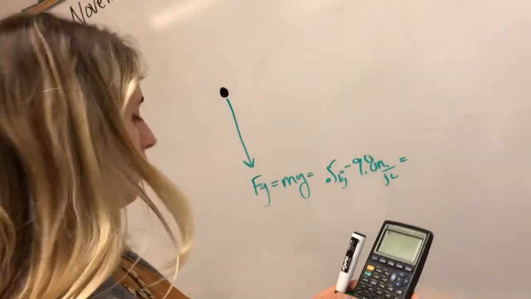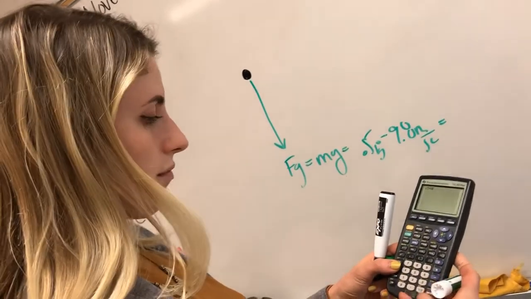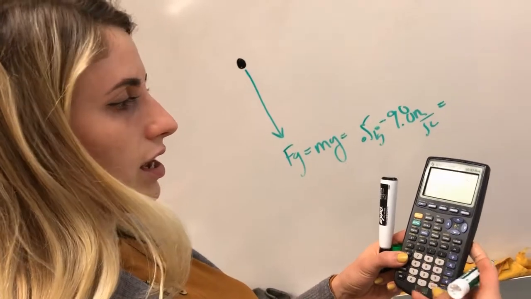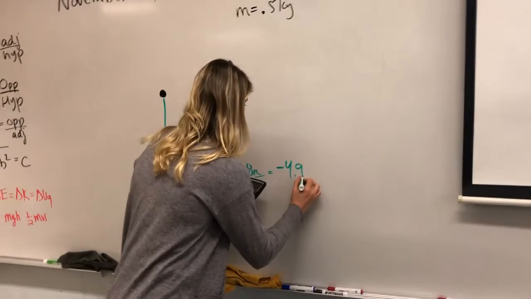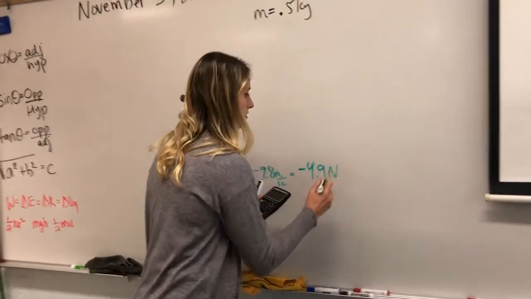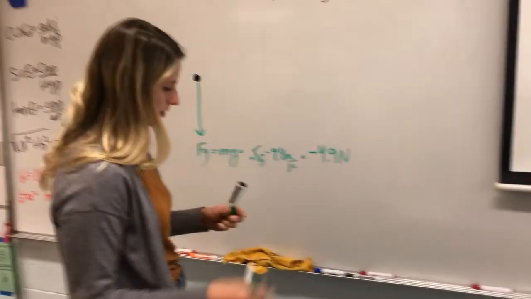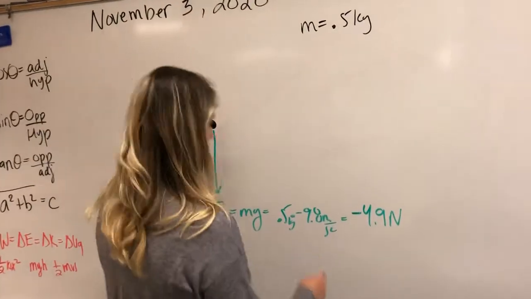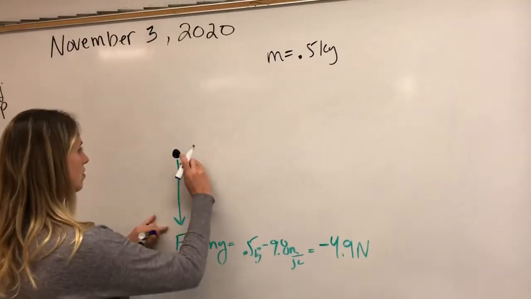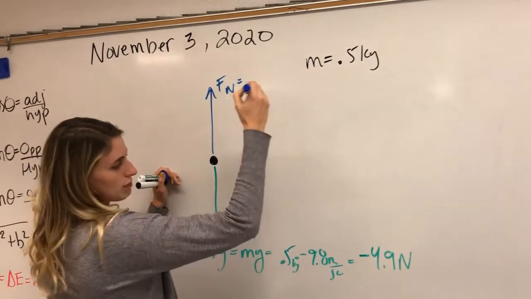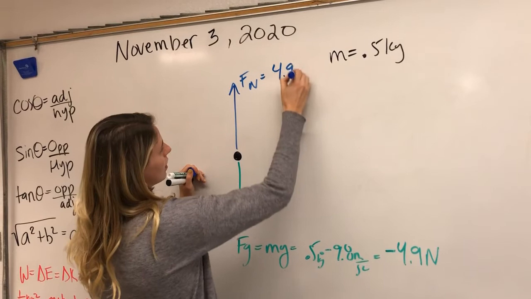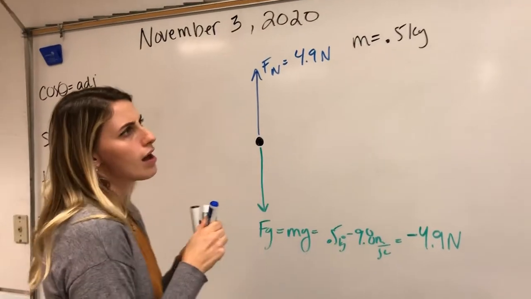So 0.5 times negative 9.8, and I get negative 4.9 newtons. If we know the weight, boys and girls, what else do we know? We also know the normal force. It's just going to be positive 4.9 newtons.